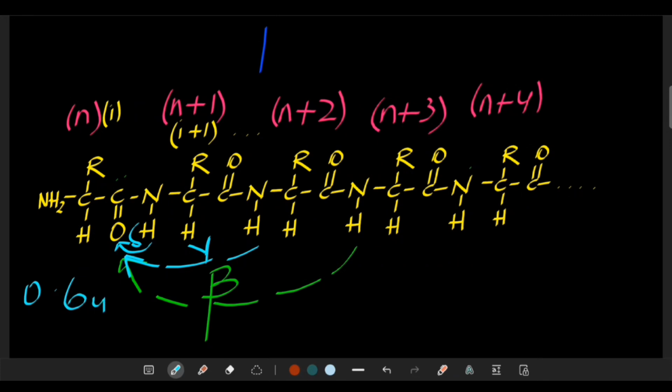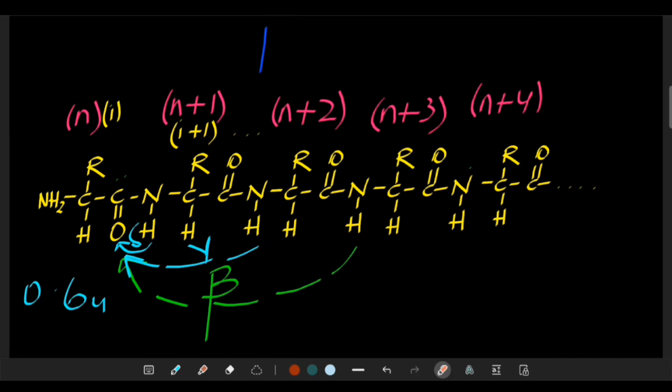Because 0.6 atoms are involved in the formation of this helix, and then 0.6 atoms are found in one turn, and then 4 atoms are involved in the formation of hydrogen bond, that is this one and this one, right? Therefore 0.6, and then we have subscript, that is 4.